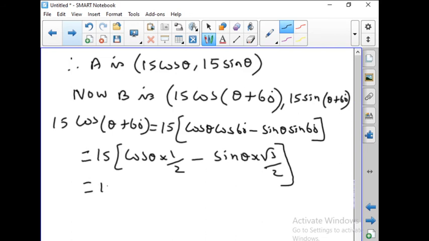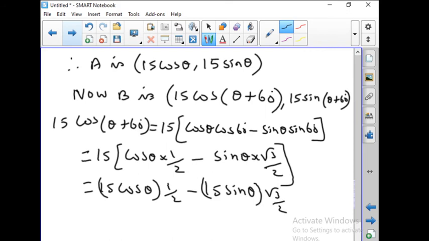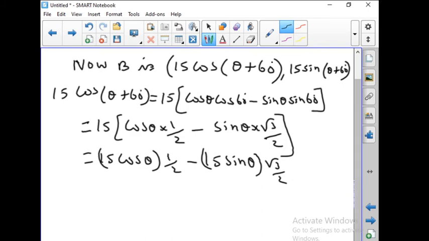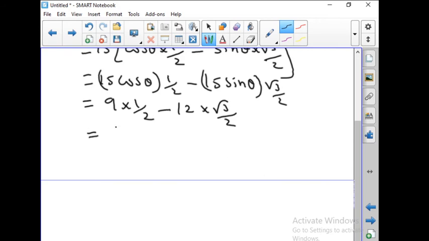So, this is nothing but 15 cos theta into 1 by 2 minus 15 sin theta into root 3 by 2. Now, we know that 15 cos theta is nothing but 9. Therefore, 9 into 1 by 2 minus, and 15 sin theta is 12, so 12 into root 3 by 2. So, it gives us 9 by 2 minus 6 root 3.